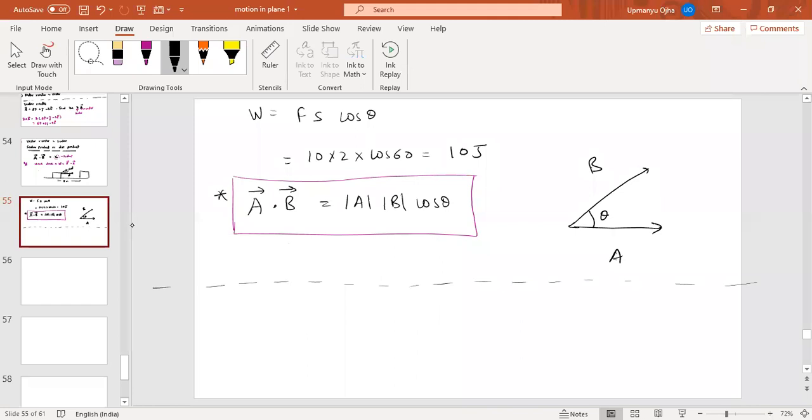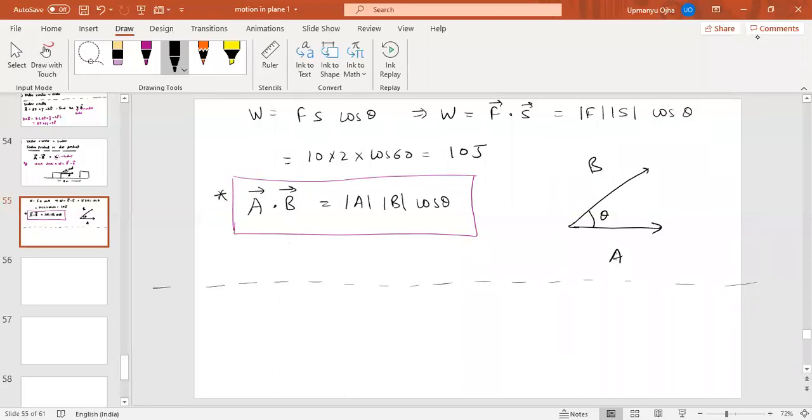See, from the example, if I write, the work done will be equal to force vector dot displacement vector, that is S. Now we know that the work done formula is F S cos theta. So can we say here that work done equals magnitude of the force into magnitude of the displacement into cos theta? If work done is negative, any type of work done is a scalar quantity.